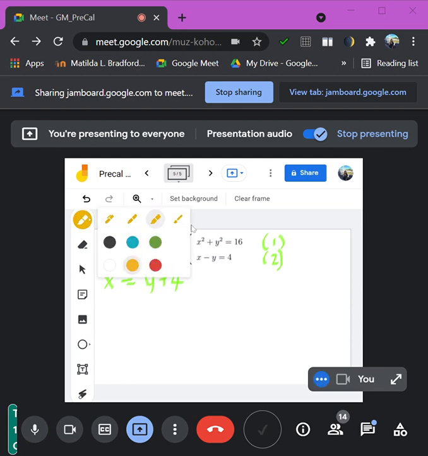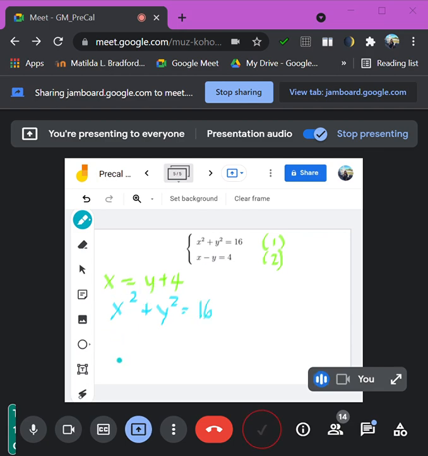Okay, so we can have x squared plus y squared is equal to 16. So substituting the value of x, you will have y plus 4 squared plus y squared is equal to 16. As you can see, you can expand this using the FOIL method, y plus 4 times y plus 4.